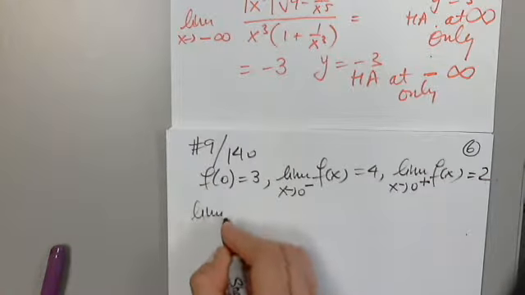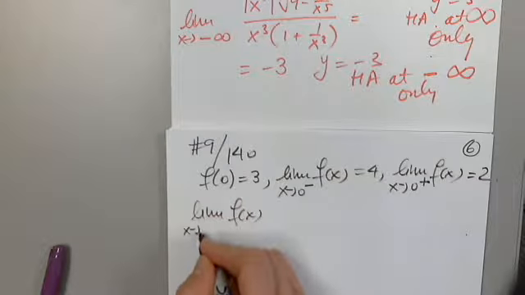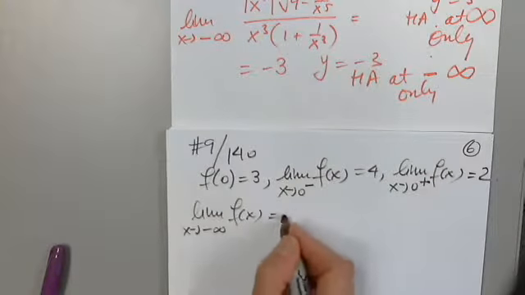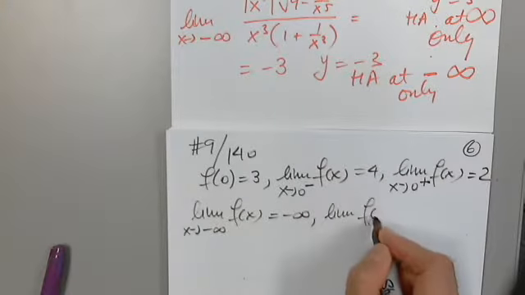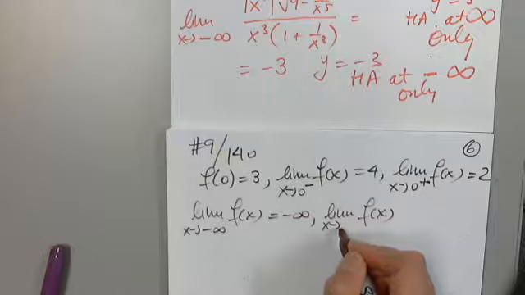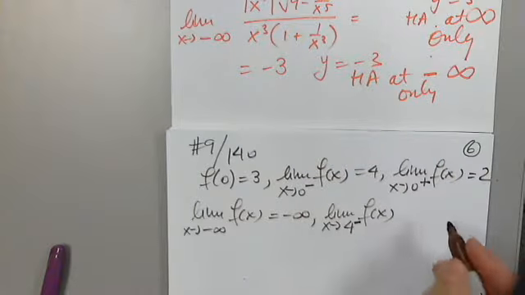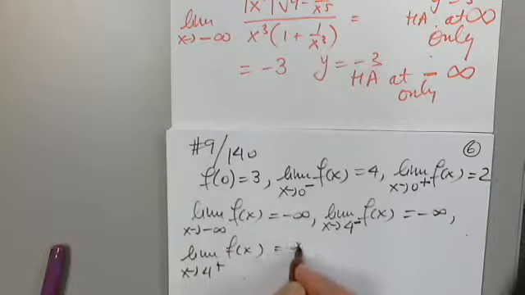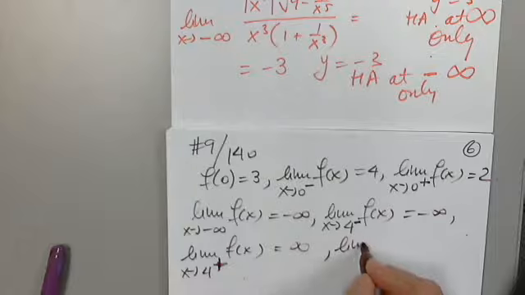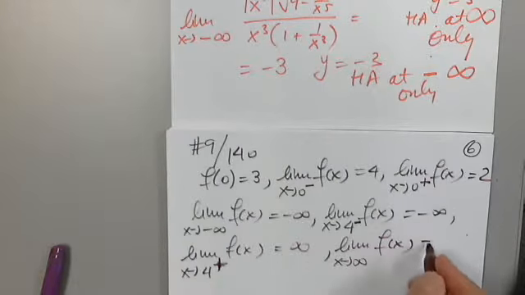Limit of f of x as x approaches negative infinity is negative infinity. Limit of f of x as x approaches 4 from the left is negative infinity. Two more: limit of f of x as x approaches 4 from the right is infinity. And the last one, limit of f of x as x approaches infinity is 3.